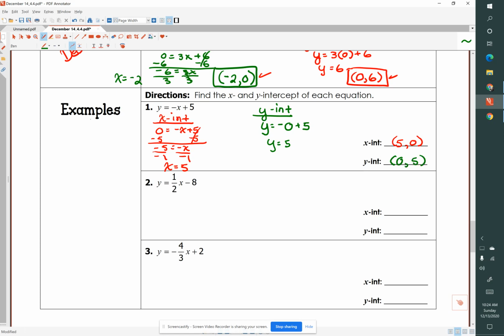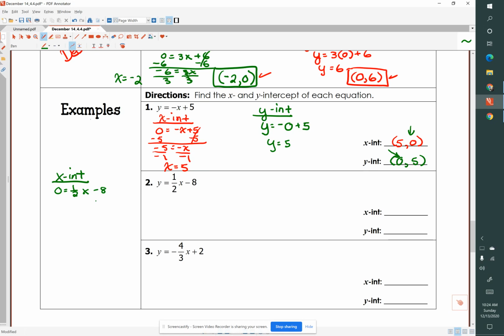So the x-intercept will always have a y value of 0. The y-intercept will always have an x value of 0. So let's look at number 2, y equals 1/2 x minus 8. I'm going to work outside here a little bit, it's too crowded. So the x-intercept, I'm going to set y to 0. 0 equals 1/2 x minus 8.